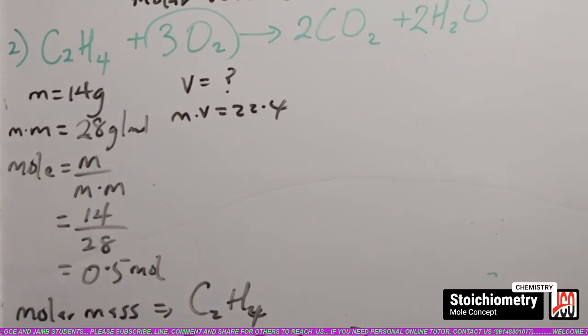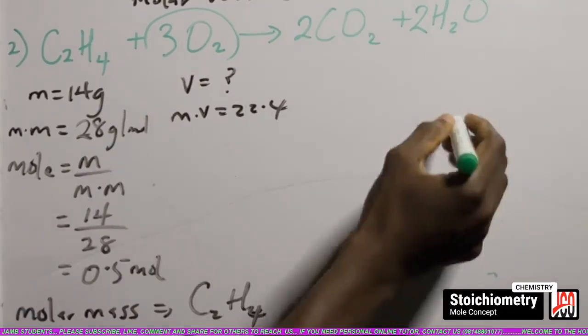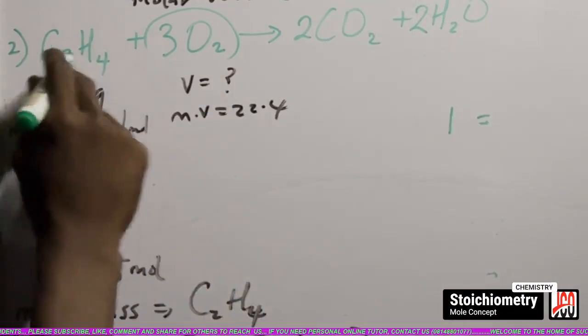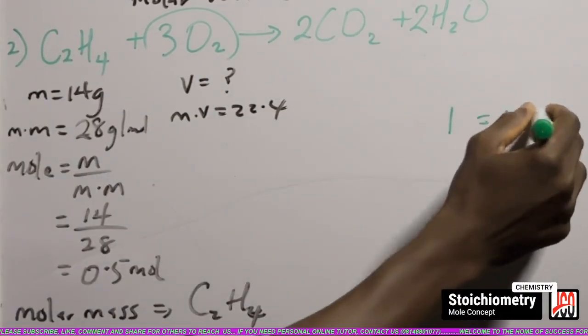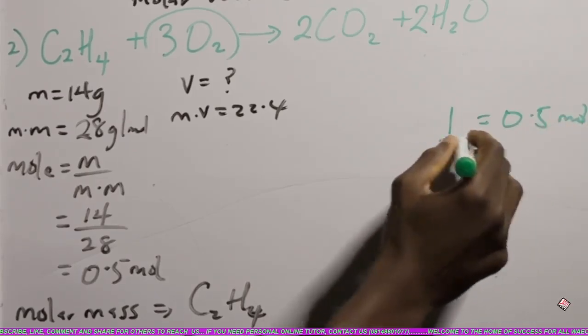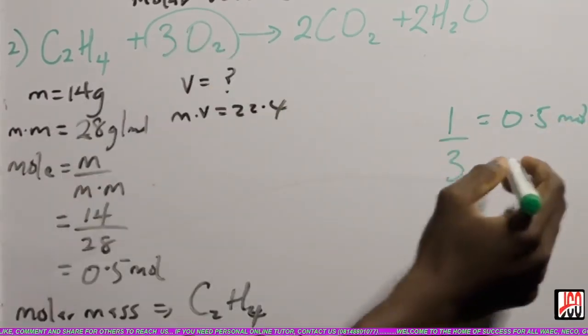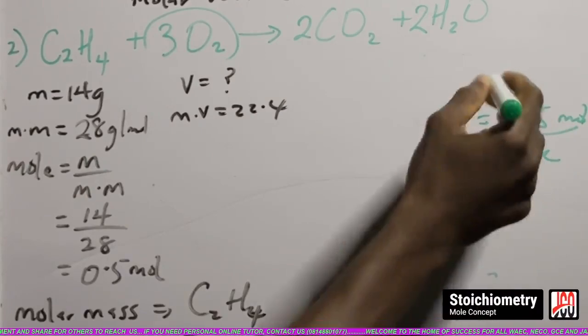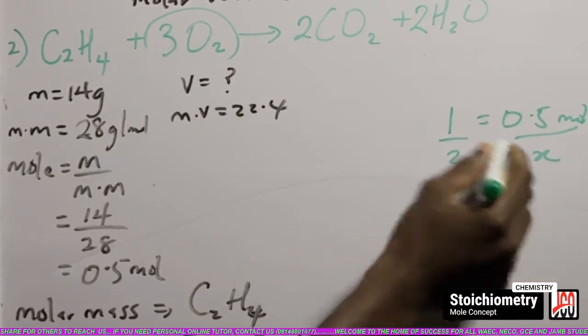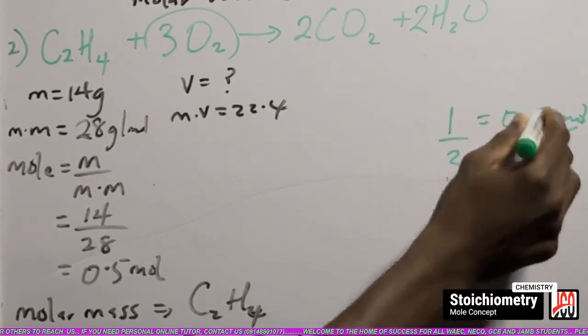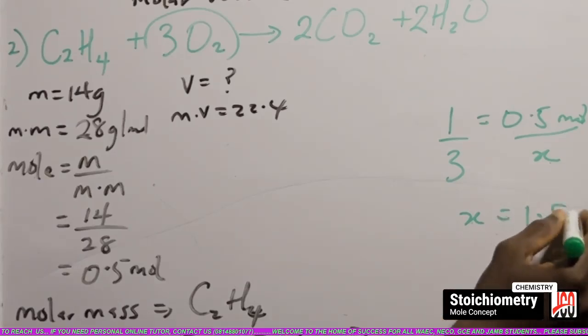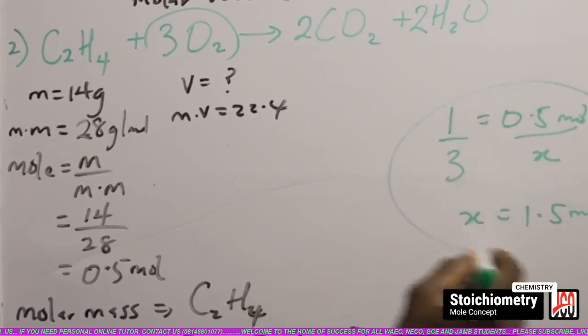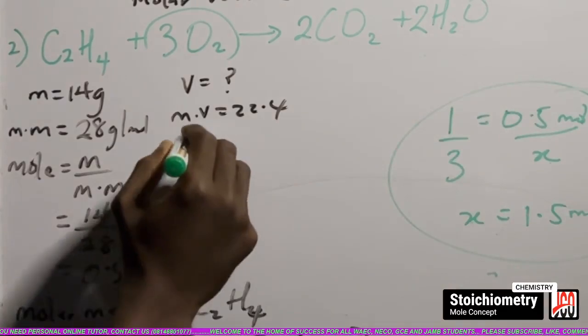So at the right hand side now, we're going to solve that. If 1 mole of this C2H4 is 0.5 mole, then for 3 of this oxygen, we are looking for the mole, X times 1 is X. 3 times 0.5 is 1.5 mole. So that's the mole there.